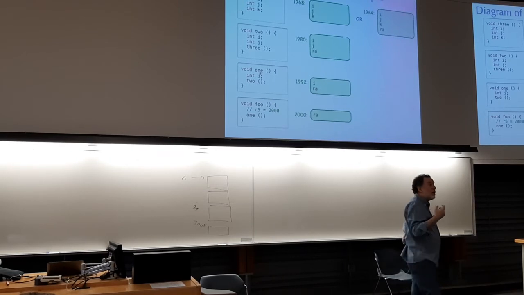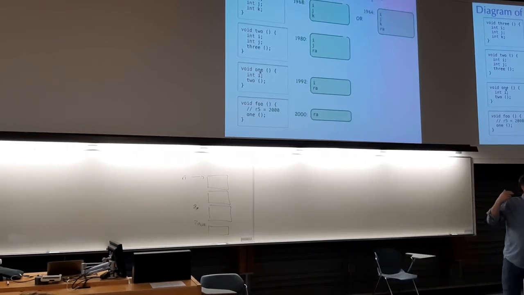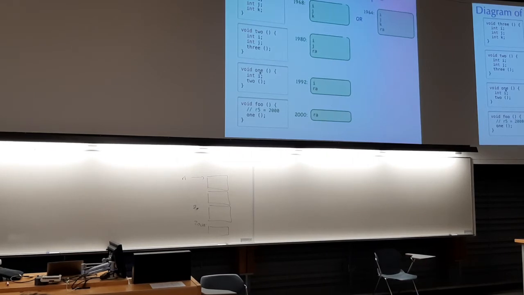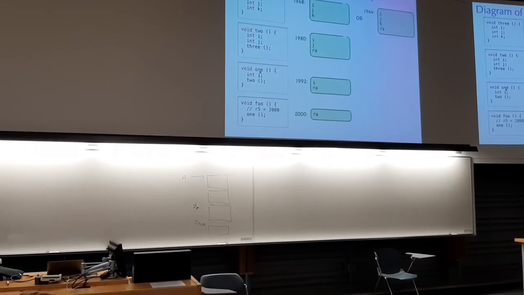The activation frame has to be big enough to store all of 1's local variables, arguments, and the saved return address. There's just one local variable, the local variable I, and the return address. And I said return address is 4 bytes. So the total size of the activation frame for 1 is 8 bytes long.